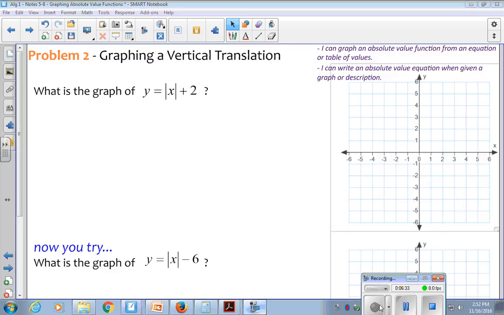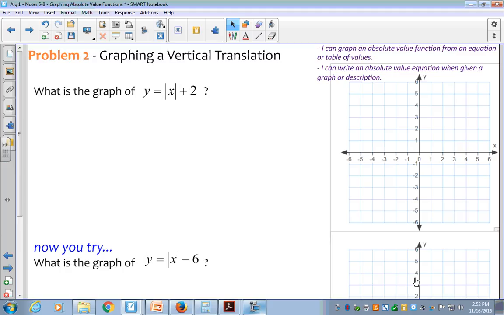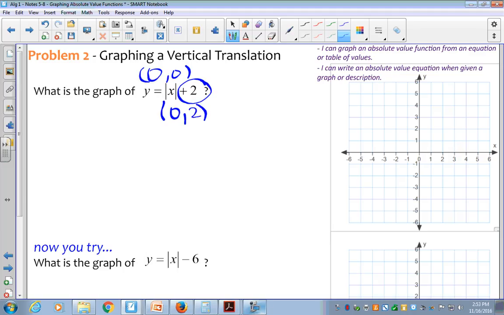All right, we're going to take a look at that situation and how it applies to the equation of our graph. If I have y equals absolute value of x plus 2, if my original corner is at 0, 0, this one is going to be at 0, 2.